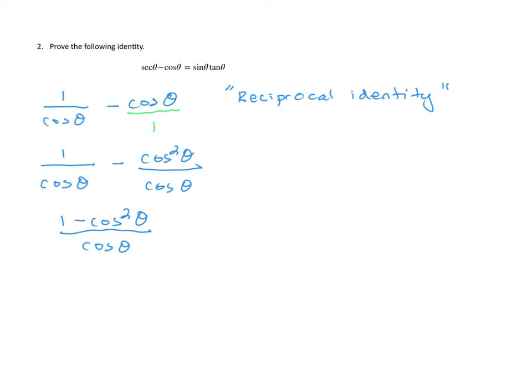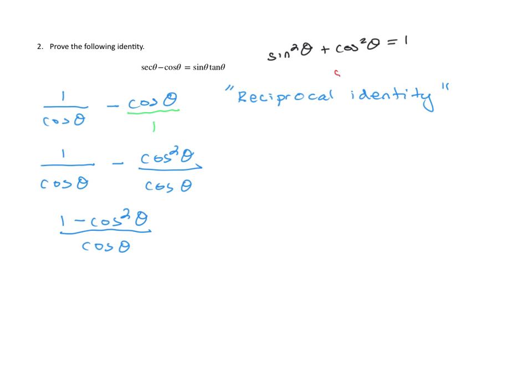So what next? There's a very important identity that I'll put at the top of this slide. That is sine squared of theta plus cosine squared of theta is equal to 1. This will often show up when proving an identity. Now, it doesn't quite look like what we have here, but if you subtract cosine squared to the other side, you'll have sine squared of theta by itself, and on the other side you have 1 minus cosine squared theta.